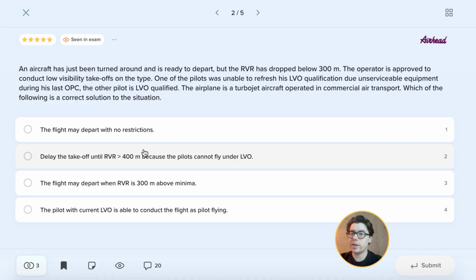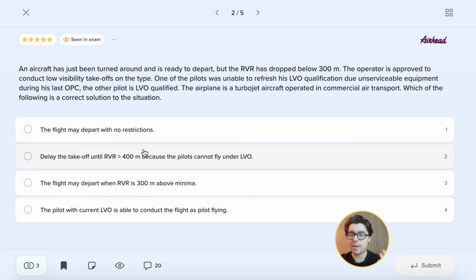So any operation, whether it's landing or takeoff, below 550 RVR, which is runway visual range, will be considered an LVO operation. However, you do not need special qualification and training to operate in these conditions. You only need special training to conduct these operations below RVR 400 meters.